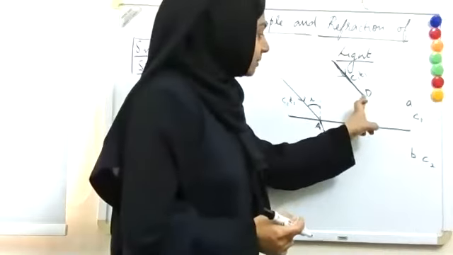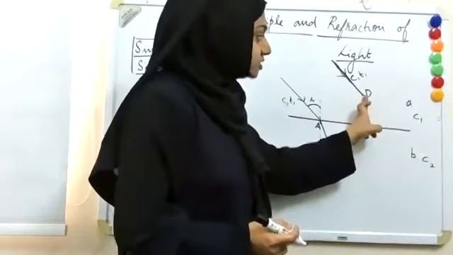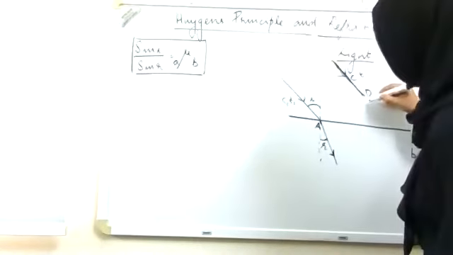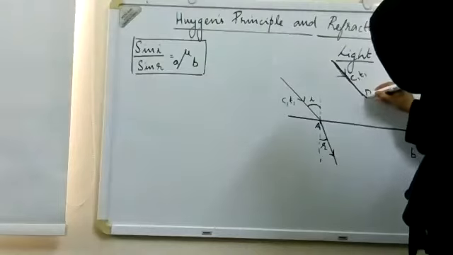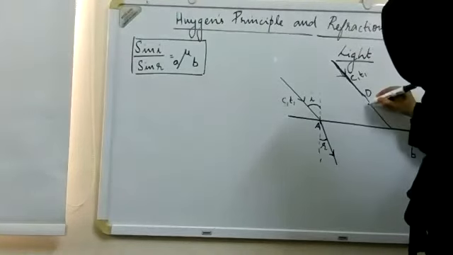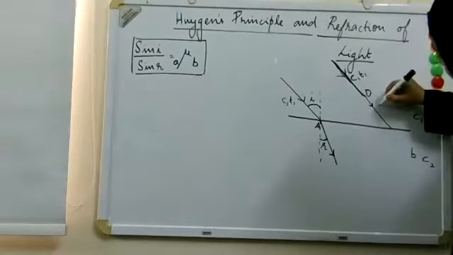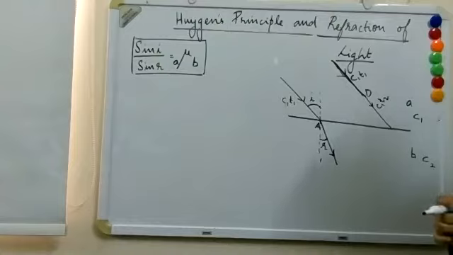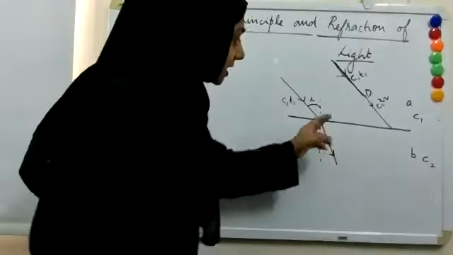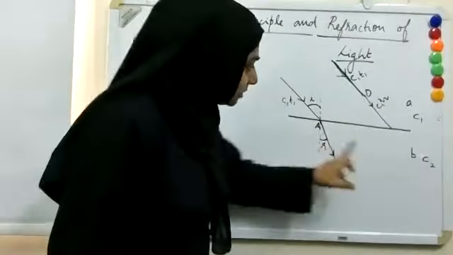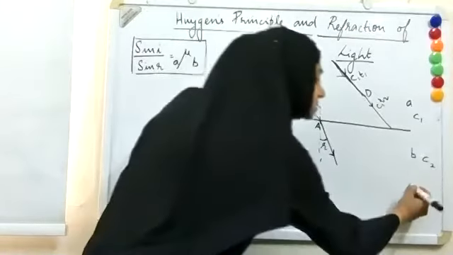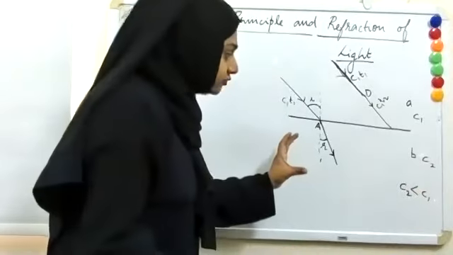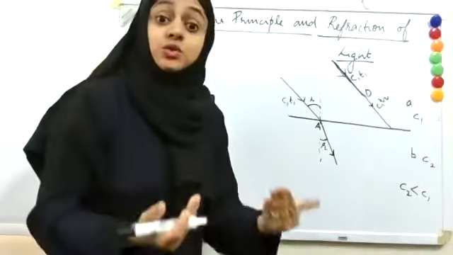But at the same time, the light ray which has reached here is traveling in the same medium, right? So at that time T2, let the light ray continue its path in the same medium and it would have traveled C1 T2. But we know that in the second medium it will travel with the velocity C2, which is less than C1. So it will have traveled a distance C2 T2.